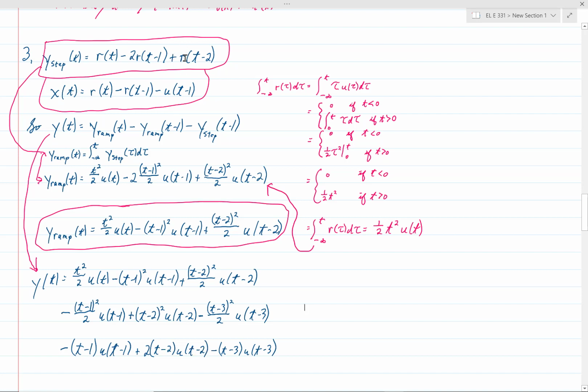And then again, we're subtracting it here. Remember, we're subtracting. And so this becomes minus t minus, instead of t minus 2, u of t minus 2. When we shift it, we get minus t minus 3, u of t minus 3.